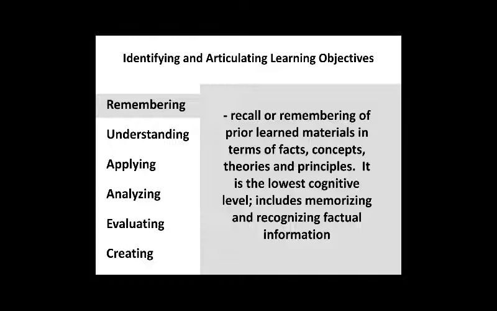As you can see, the cognitive domain is composed of six categories or levels: remembering, understanding, applying, analyzing, evaluating, and creating. Let's talk about these one by one. Let's start with remembering, where the gray area is, which is what we are discussing. I hope you can see this in the recorded video afterwards.